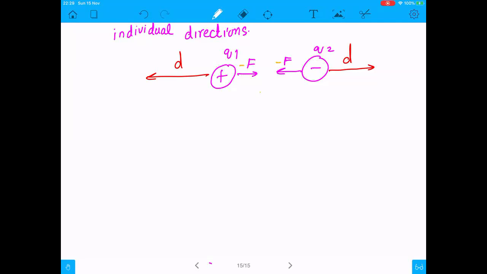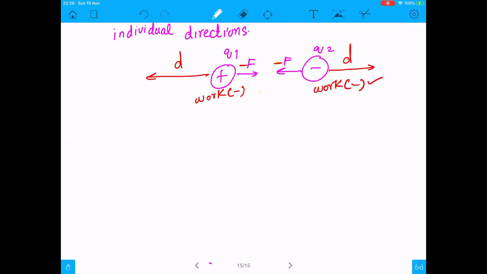So, the work done by the forces which are taking them away is not counted. The work done by the electric force is counted. On both the objects, the displacement is outwards, the force is attractive, so the work will be negative. That's why the attractive force is given a negative sign. So work for this one will be negative and work for this one with outwards displacement will be negative.